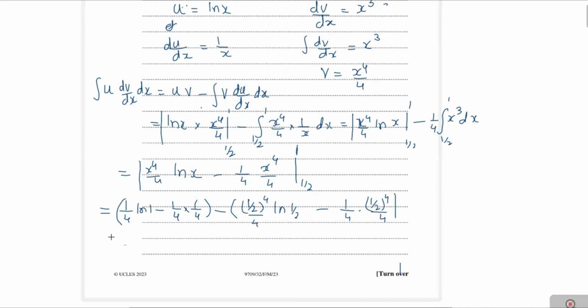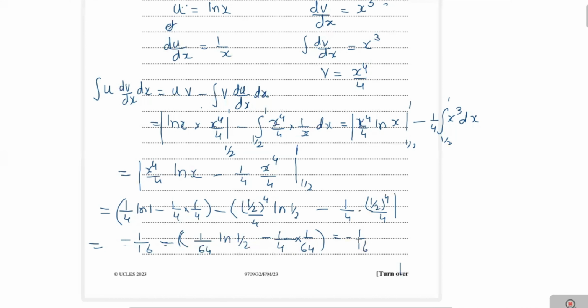Now ln 1 is 0. Now minus 1 over 4 into 1 over 4 is minus 1 over 16, minus 1 over 64 ln 1 over 2, minus 1 over 4 into 1 over 64.